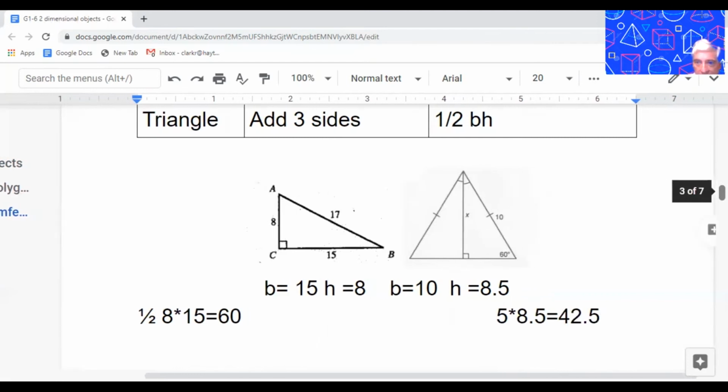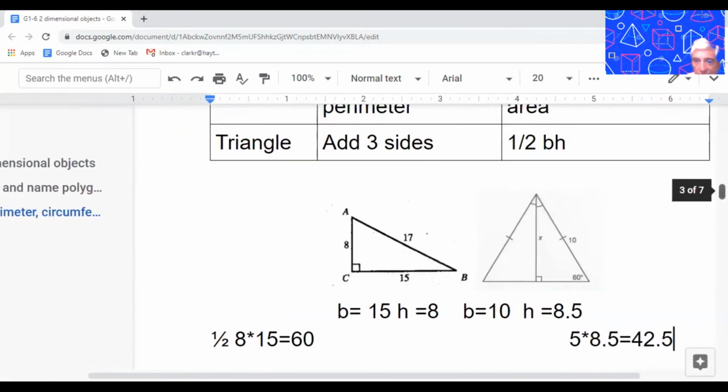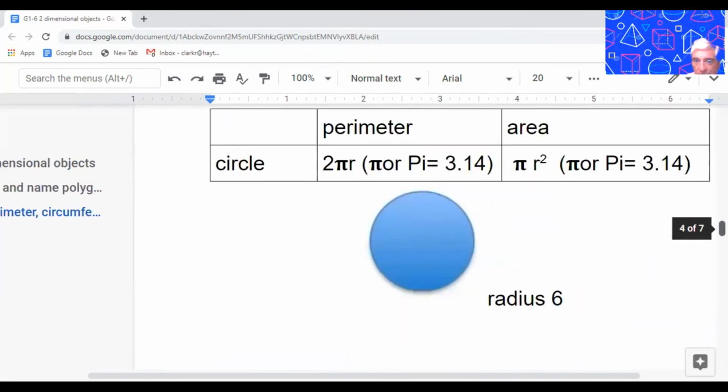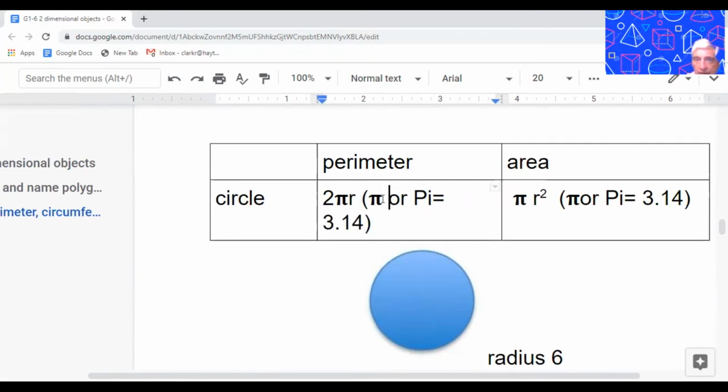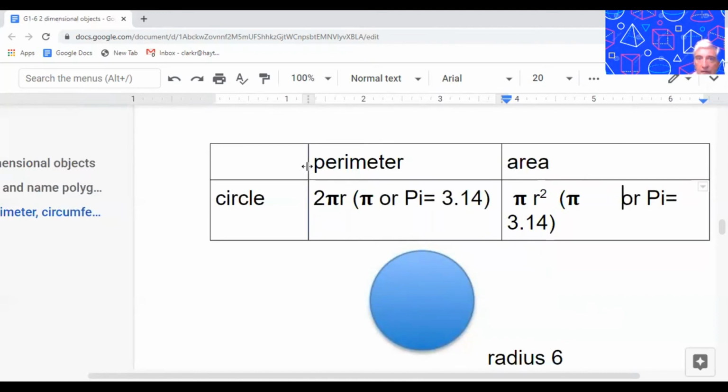Now, this is not a polygon, but the next one's the circle. For our purposes, pi is 3.14. That symbol pi is 3.14. So now with the radius being 6, let's find a perimeter. And we don't have a perimeter of a circle.